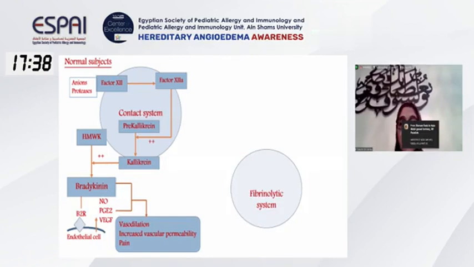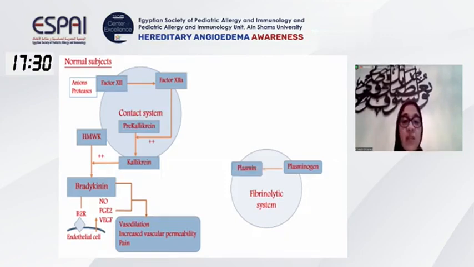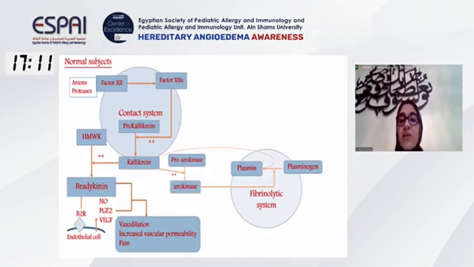This does not end like this. There is a fibrinolytic system starting with plasminogen, which is then converted into plasmin under the effect of tissue plasminogen activator and, to some extent, under the effect of kallikrein. But the kallikrein stimulates the production of plasmin by stimulating the conversion of pro-urokinase into urokinase, which strongly stimulates the production of plasmin from plasminogen.